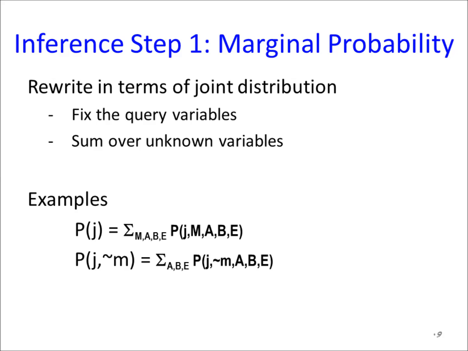If I want to compute the marginal probability of J, I will say that it depends on the joint distribution J, M, A, B, E, and I have to sum out M, A, B, E. On the other hand, if I have to compute the marginal of J and not M, then I will say that I have to sum over A, B, E, exactly the same term, except that J is known, M is known, A, B, E are not known, so both of those values will happen, and I'm going to be summing up.